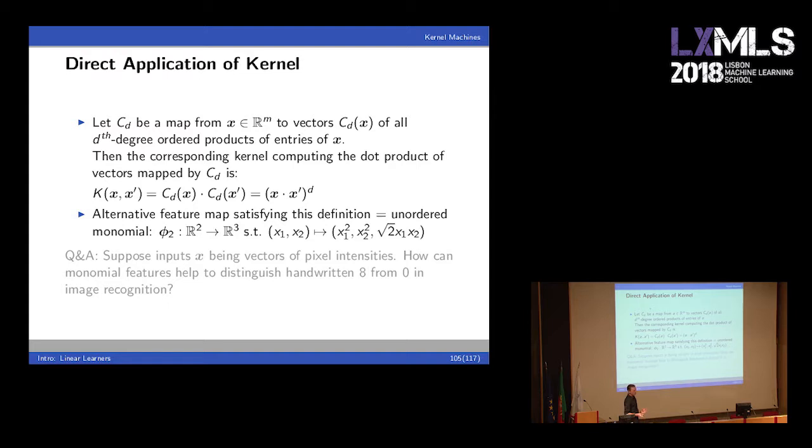Let's say we're doing handwritten digit recognition, and we want to differentiate an 8 from a 0. How would the monomial features be useful? So what's the intuition behind taking a product of features?